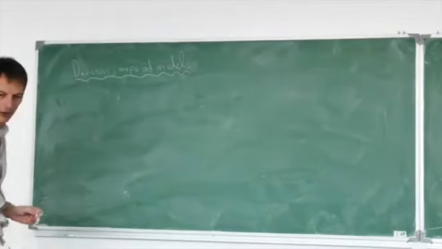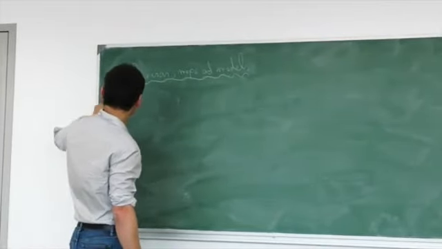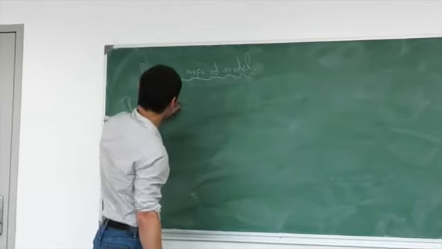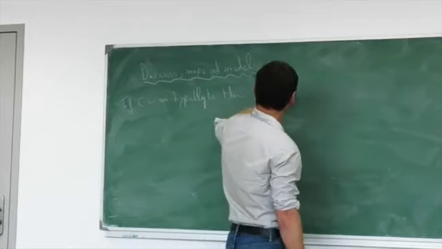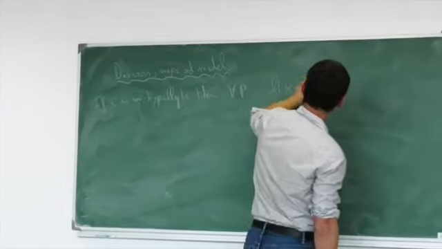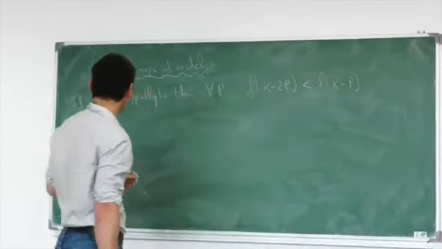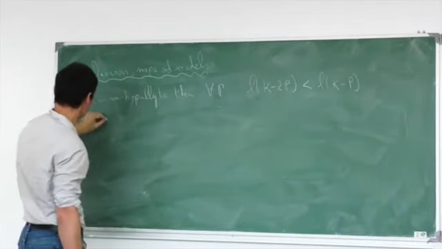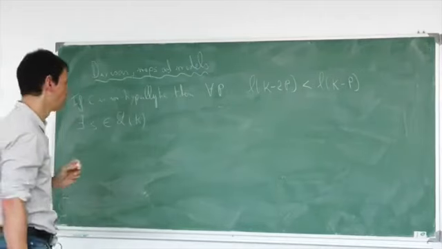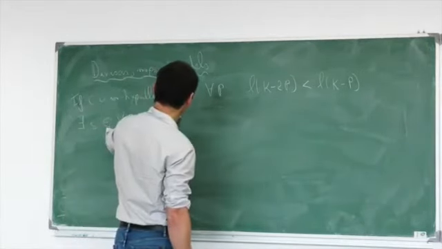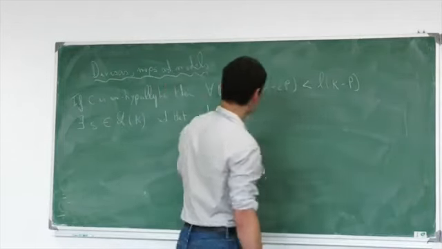Assume that this situation never happens. Then, if C is non-hyperelliptic, for all P one has that L of kappa minus 2P is necessarily smaller than L of kappa minus P. So it means that there exists S in L of kappa such that the order at P of S is exactly 1.